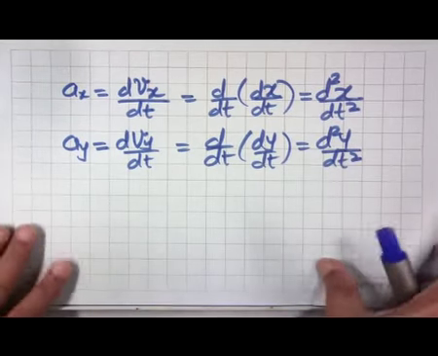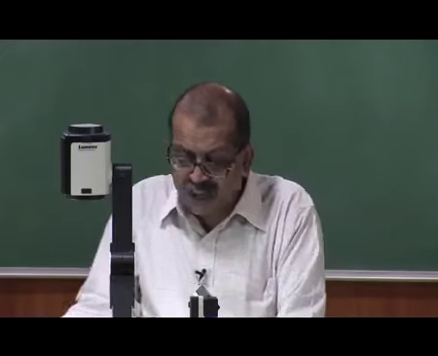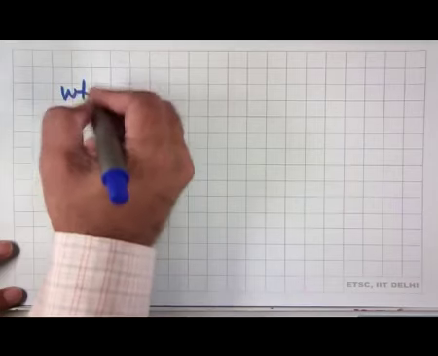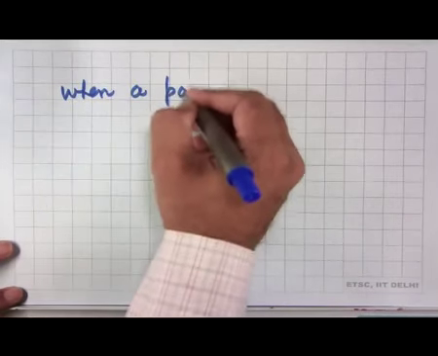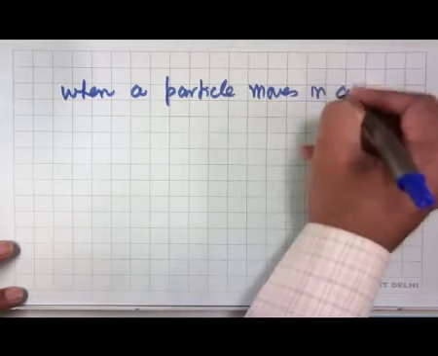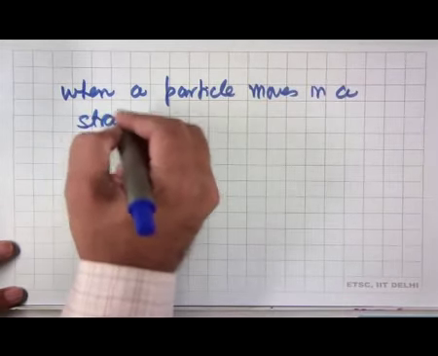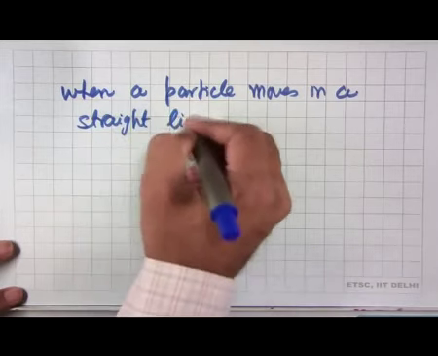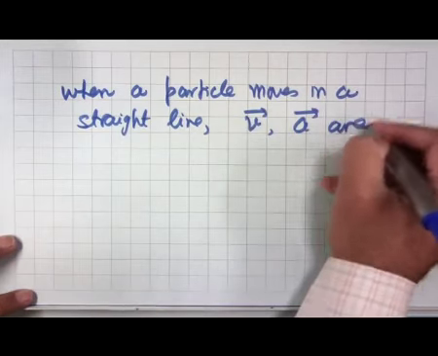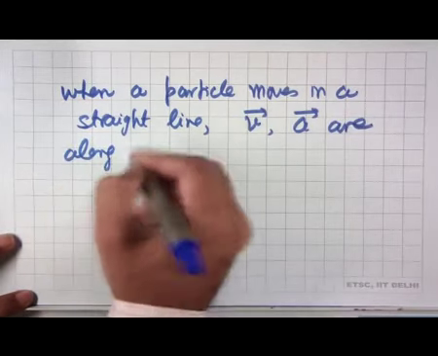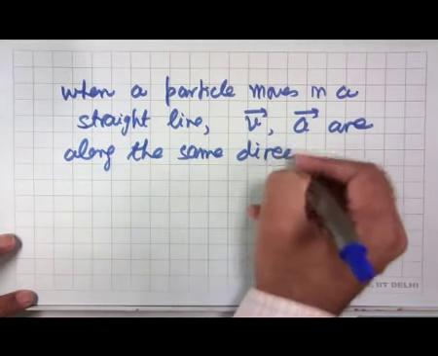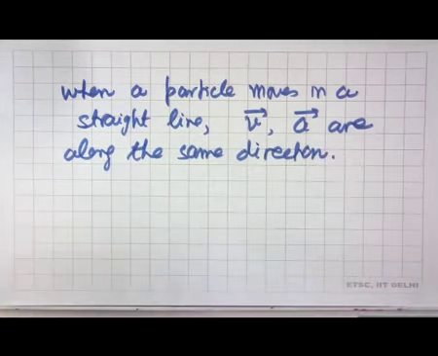Now, let us try to see some subtle points about acceleration. When a particle moves in a straight line, then clearly velocity and acceleration are along the same direction, which will be given by the direction of the line.